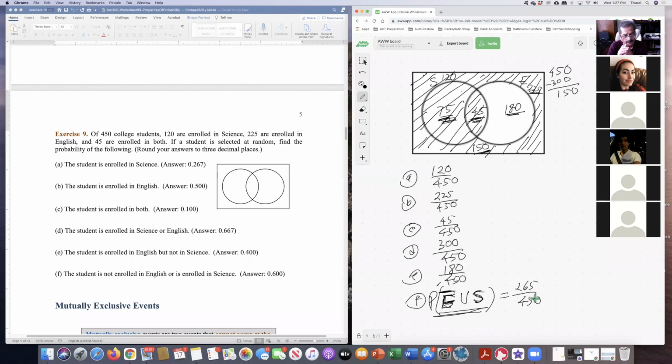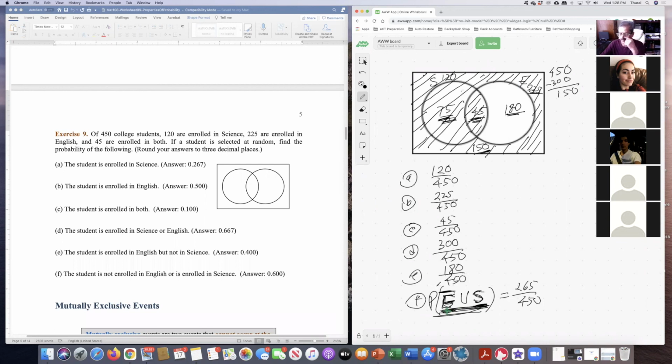Are you following me? The student is not enrolled in English or is enrolled in science. That means the student should be either outside of E, which is E bar, or in S. Okay, so that's why it's a union.